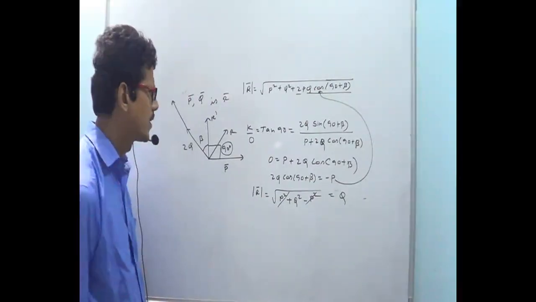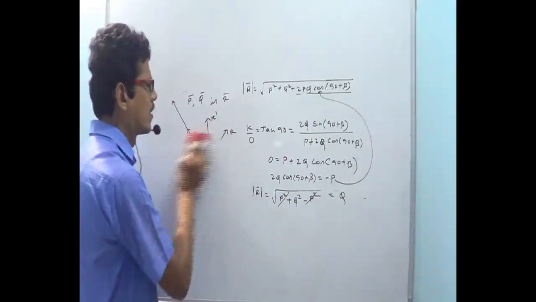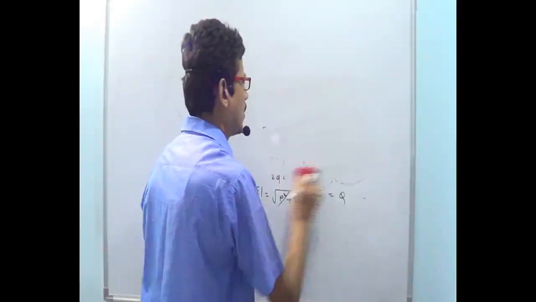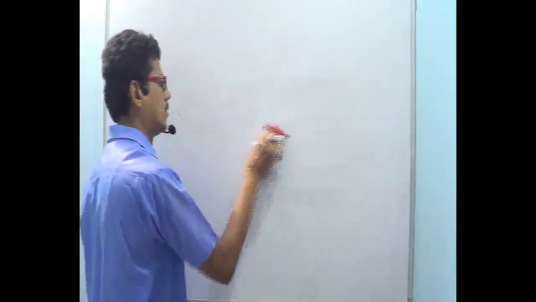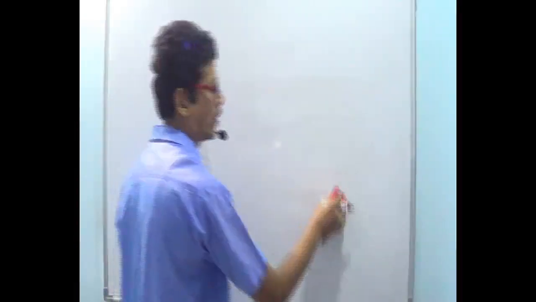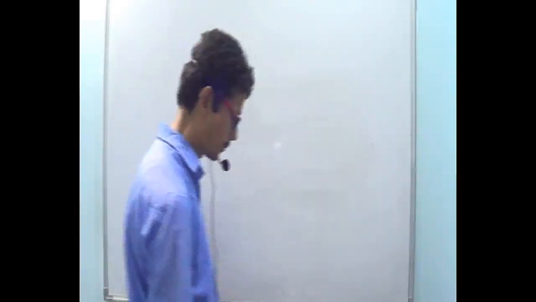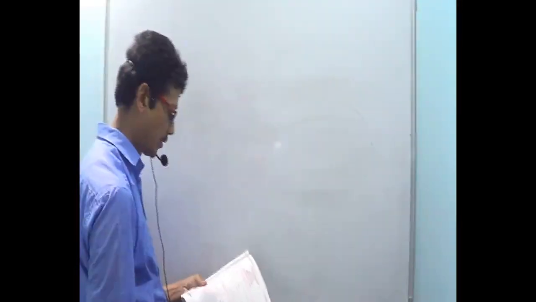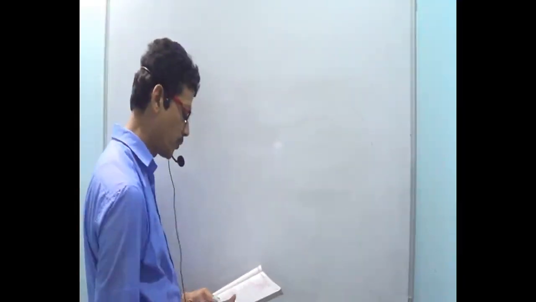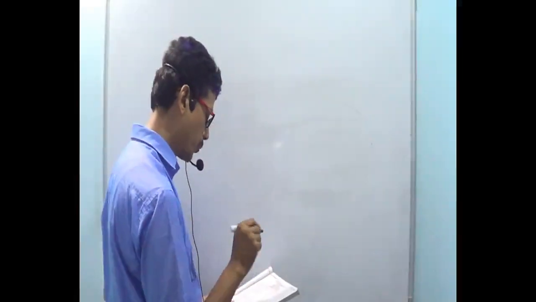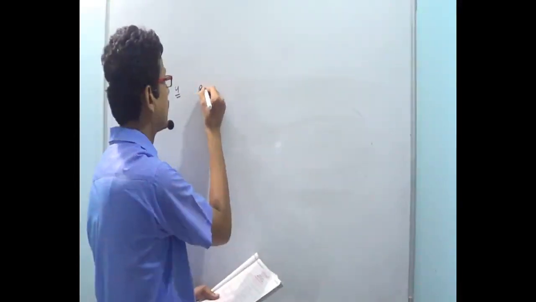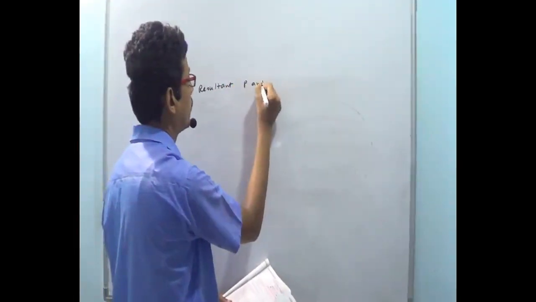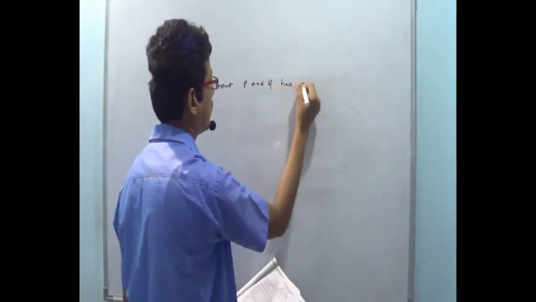Next question, this is the fourth question. Resultant of two vectors p and q has magnitude q.